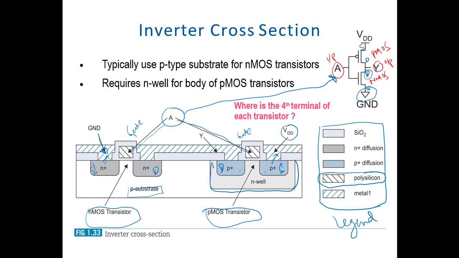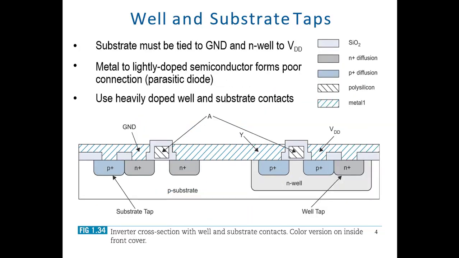This is Y, which is your output, and Y is basically shorting the drain of the PMOS with the drain of the NMOS. So this is the layout of the CMOS inverter. Let's go to the next slide.